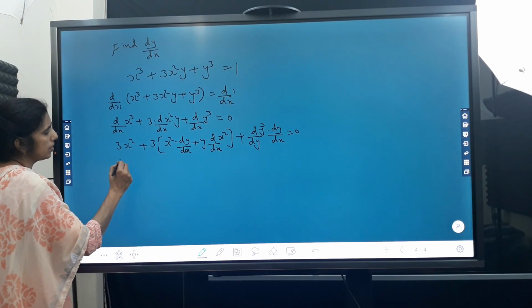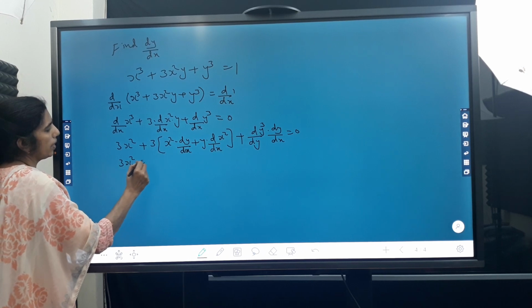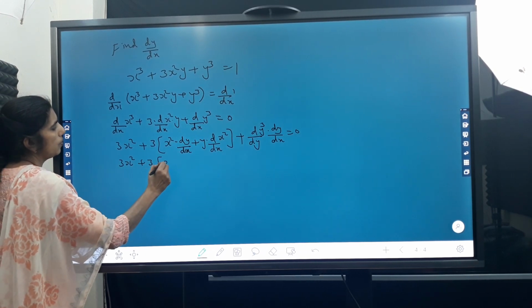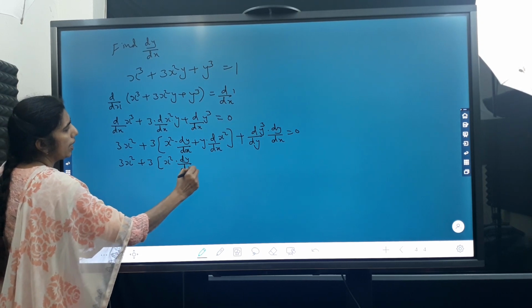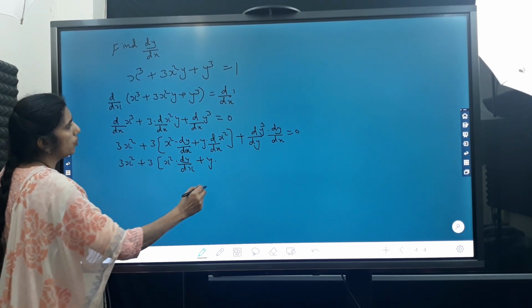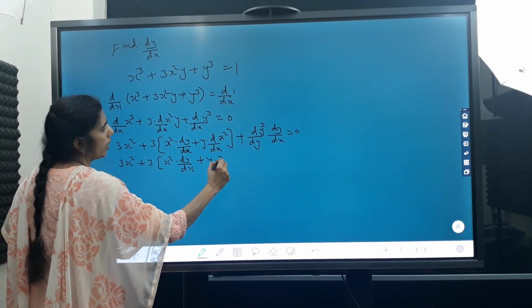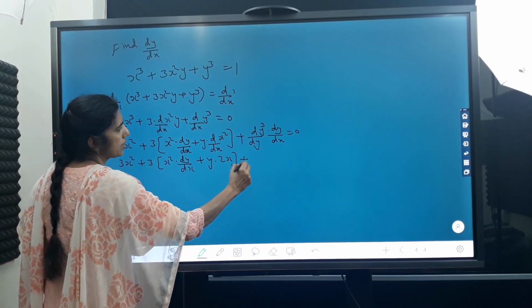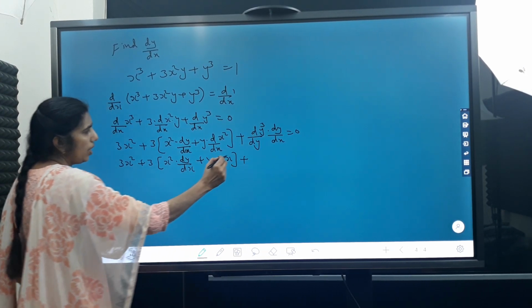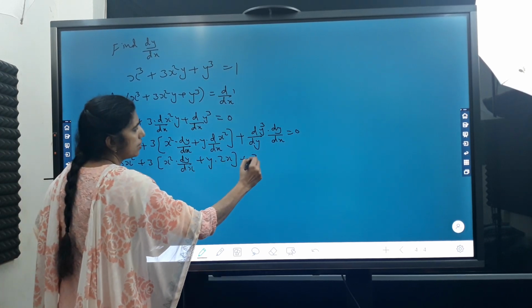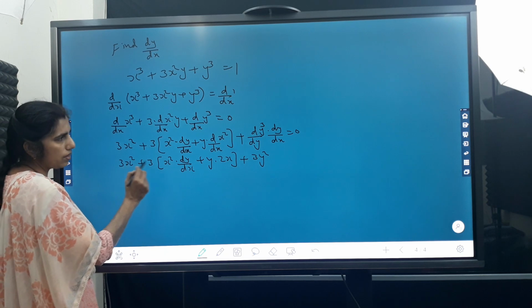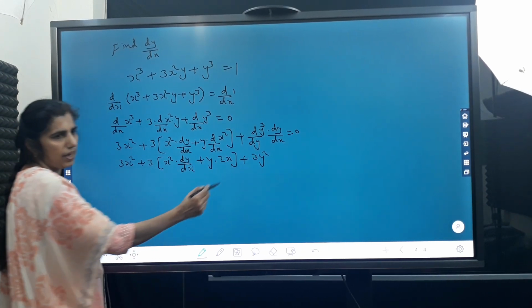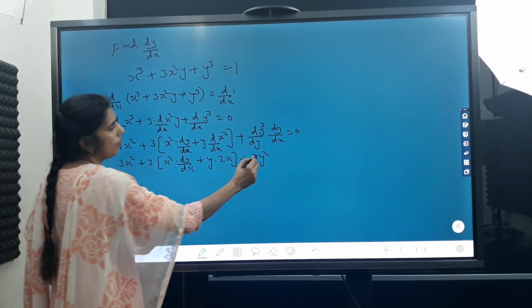So this is 3x square plus 3 into x square into dy by dx plus y into d by dx of x square is 2x. d by dy of y cube, it is 3y square because we have d by dx of x square is 2x. So d by dy of y cube is 3y square.